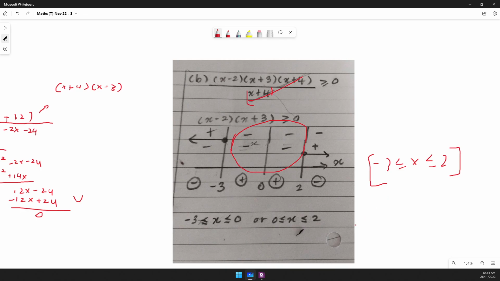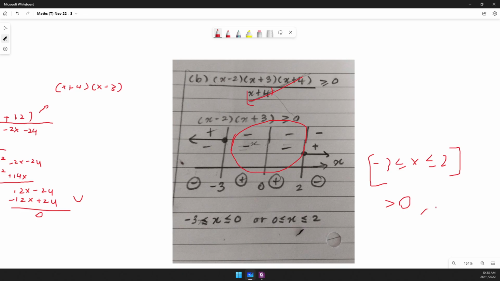I don't understand what you mean. Normally, if greater than 0, the answer will be either this or this. If lesser, it will be only one.